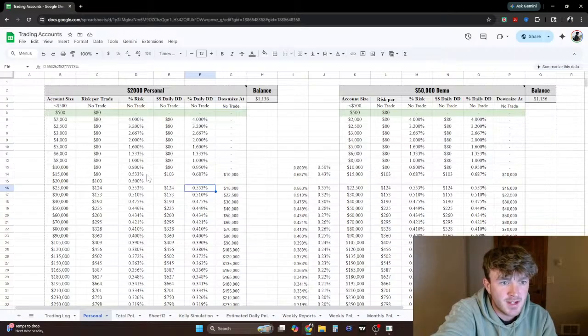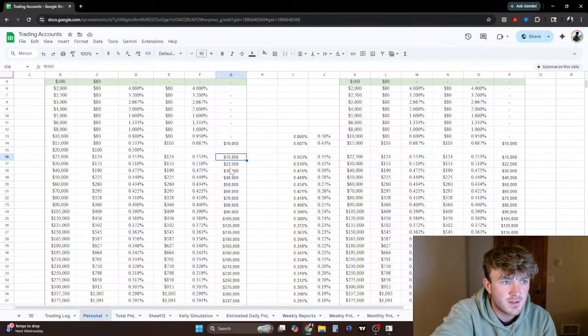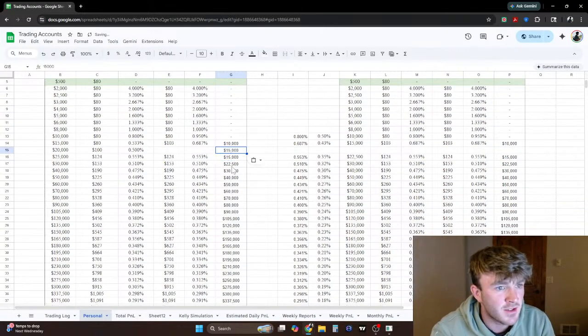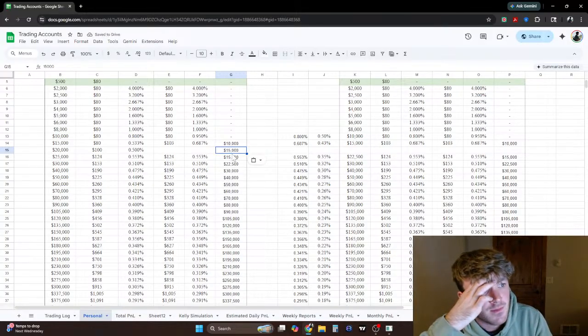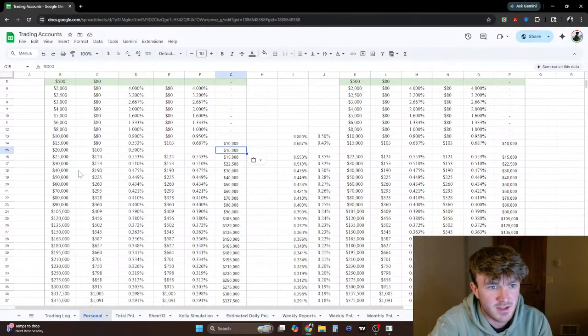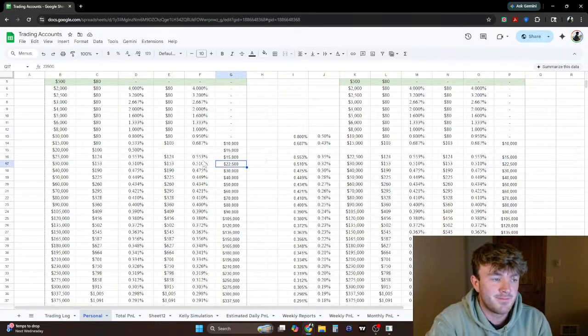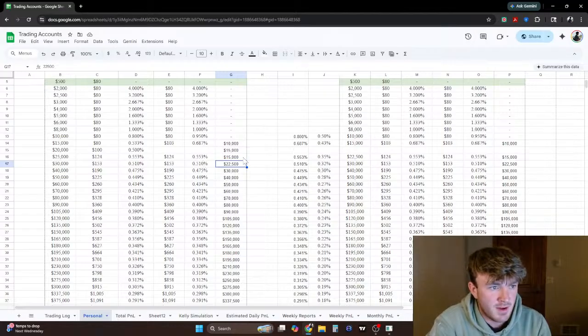So I wouldn't size up till I hit 20,000, at which point the risk will size up to 100, and then the risk doesn't get decreased until 15,000. So I'd have to lose 1, 2, 3, 4, 5. I'd have to lose 50 trades for me to decrease my size. That's pretty comfortable. I'm not going to lie. That's pretty comfortable.